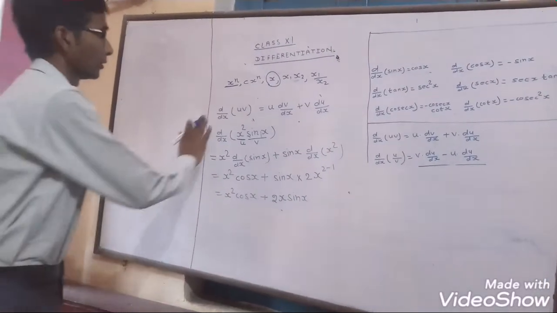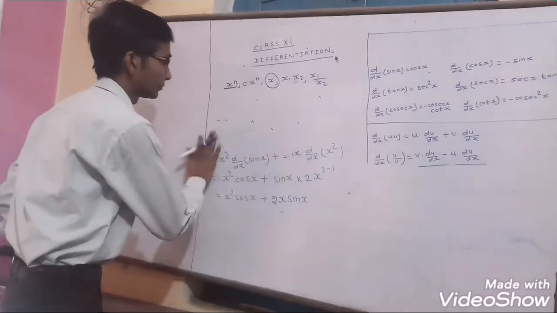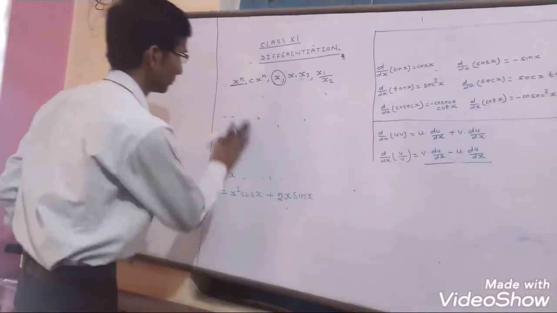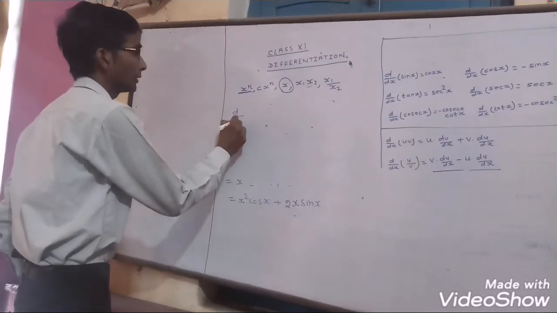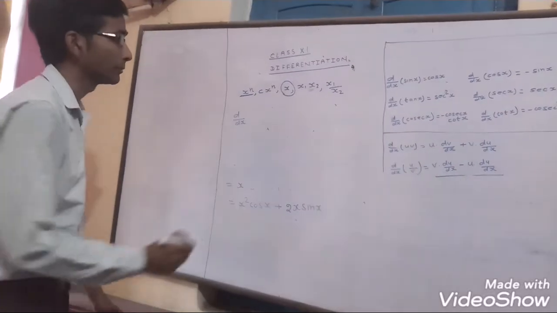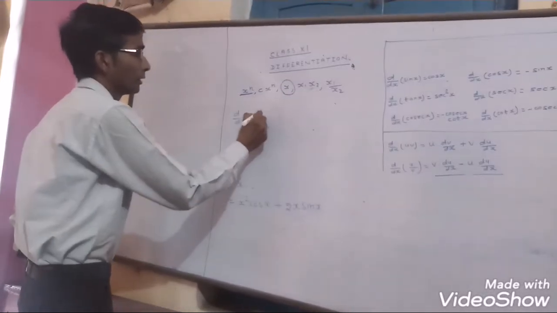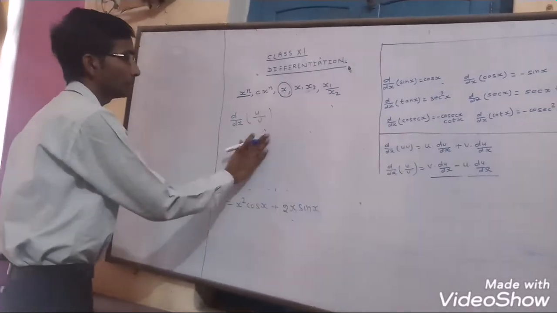Now we have to differentiate the term in the form of u by v.